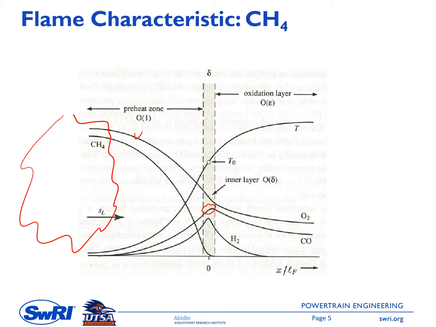Within the flame front with this thickness, we have a maximum CO as well as maximum hydrogen. But once again, as it enters the burn zone, hydrogen will also be oxidized into water vapor.